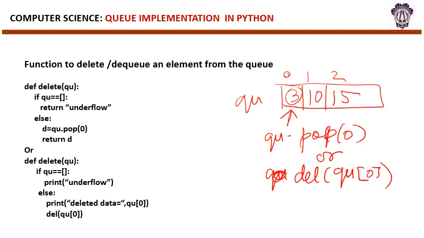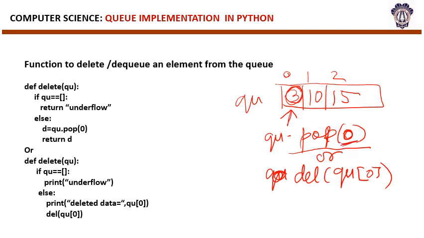So for deleting the first element of the Q, you can use pop and then you specify the index number which you want to delete. Because if you don't specify the index number, pop will delete the most recently added item. But we want to delete the least recently added item, that is 3. So we have to specify the index number 0.